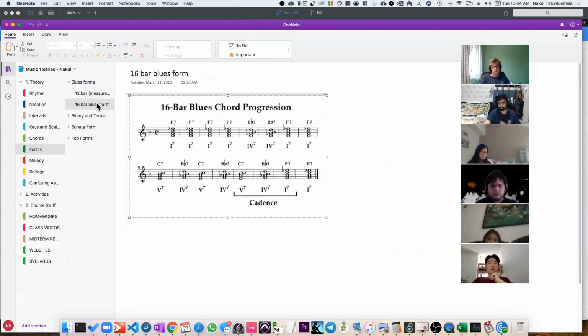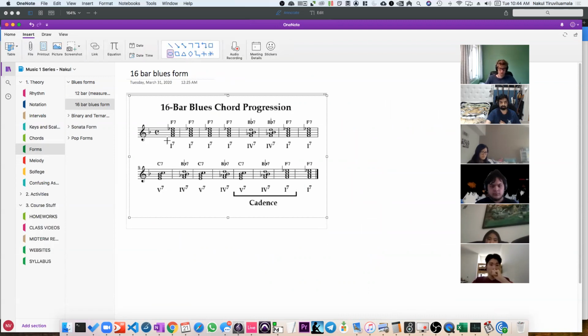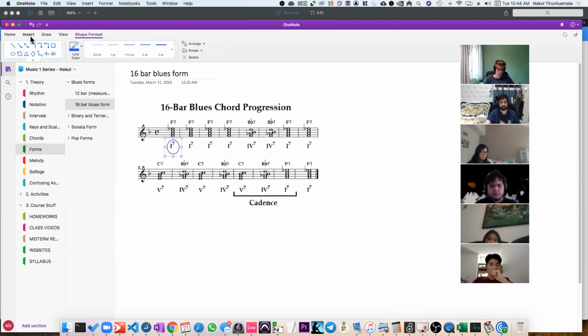The 16-bar blues form is slightly different. There's significant harmonic information at certain spots. There's still significant information at measure 5, measure 9, but there's also an additional spot. I'll just draw these significances. We never talked about the 16 measure blues form.